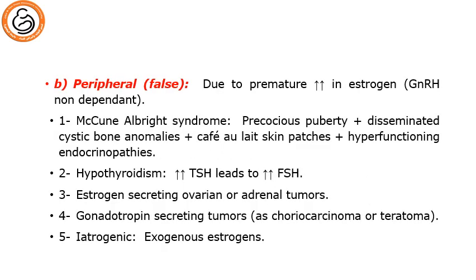For the other type of the complete precocious puberty, we have the peripheral or the false one, due to premature increase of estrogen, which is gonadotropin-releasing hormone non-dependent.